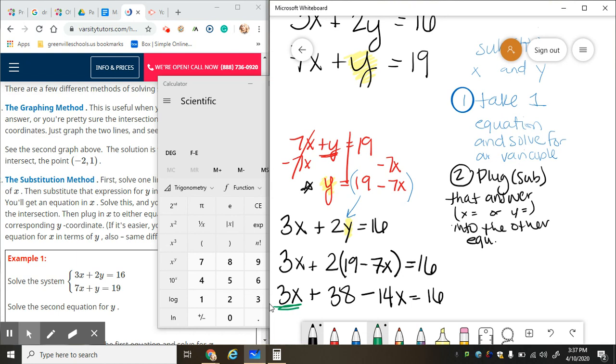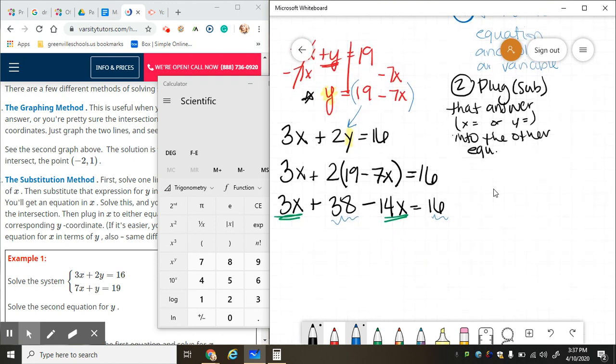And then I can put together like terms. So I guess we could put step 3 is solve for the variable. Use the steps to solve for a variable.